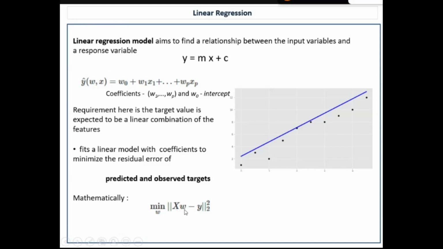So Xw is actually the predicted output from the model. So we have the predicted model output and the expected value.